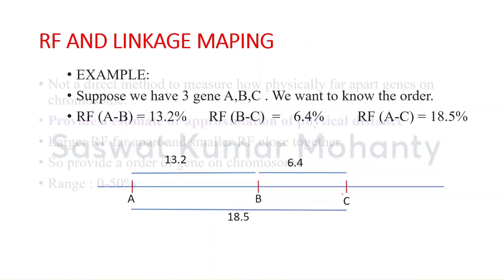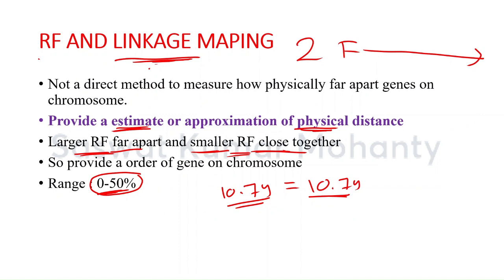The map distance, or linkage mapping, is denoted not by base pairs but by centimorgan. So 10.74 recombination frequency equals 10.74 centimorgan.